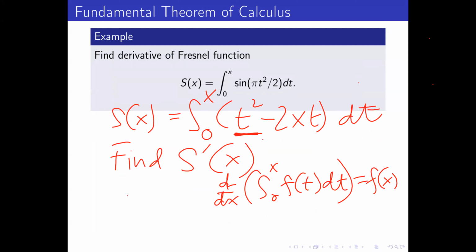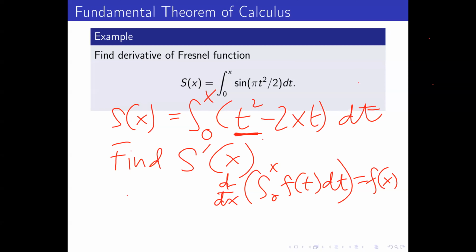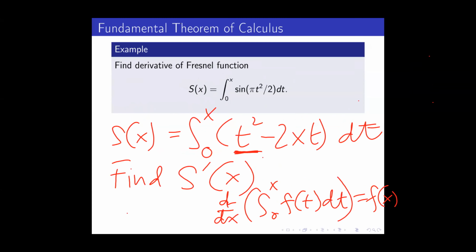Someone answer, but let me try to get this. So the answer f(x) is minus x squared. 2xt. It's not 2 times t, it's 2xt.